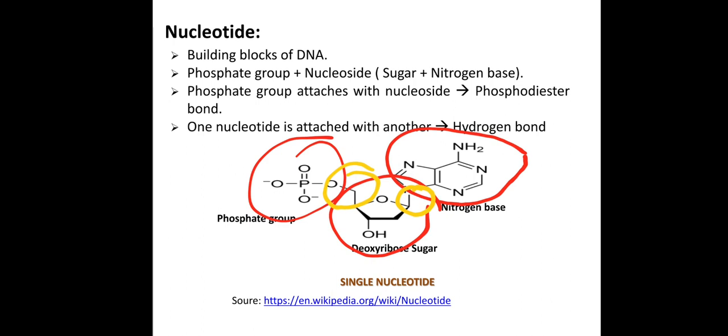Again, depending upon the type of nitrogenous base present, we have different nucleotides, like deoxyadenylic acid. If adenine is the nitrogenous base, it can also be called deoxyadenosine monophosphate, because there is only one phosphate group that is attached.